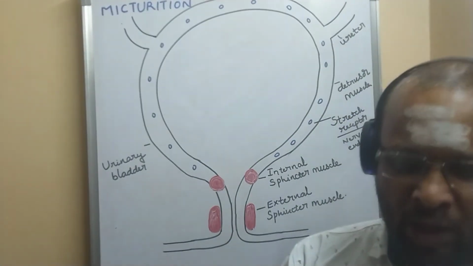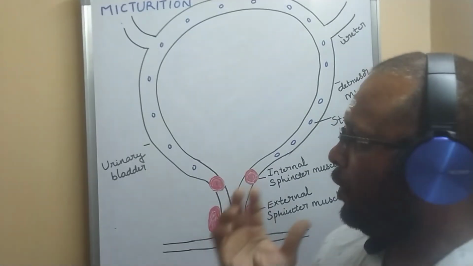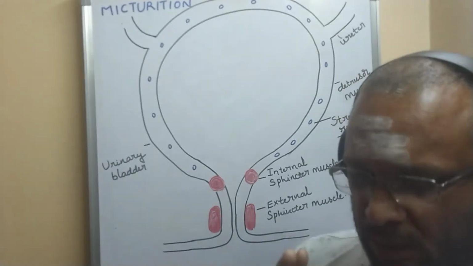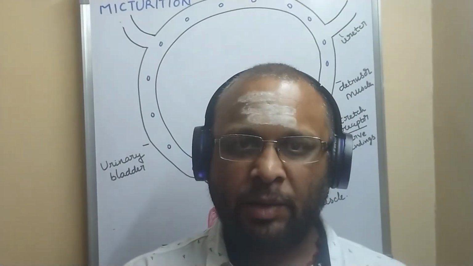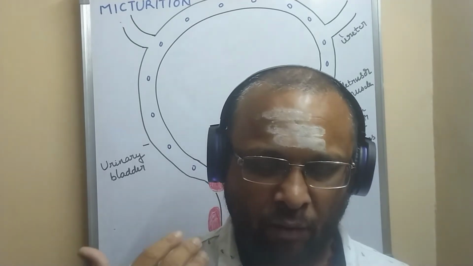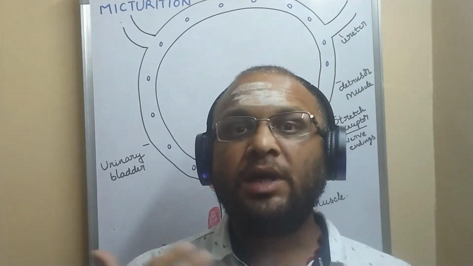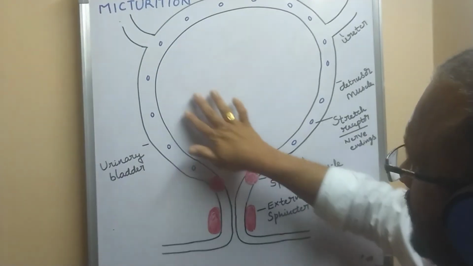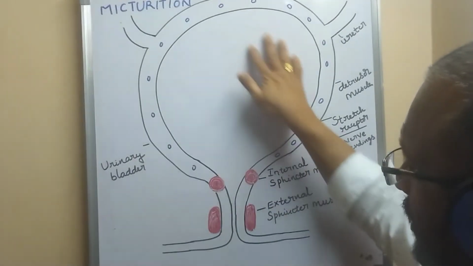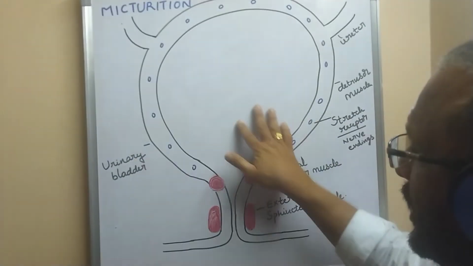So what will happen? When the blood is filtered, the urine is produced. The urine will be deposited in this urinary bladder.